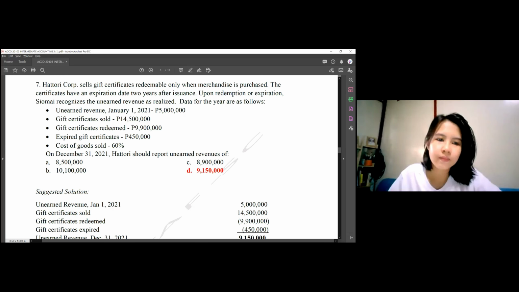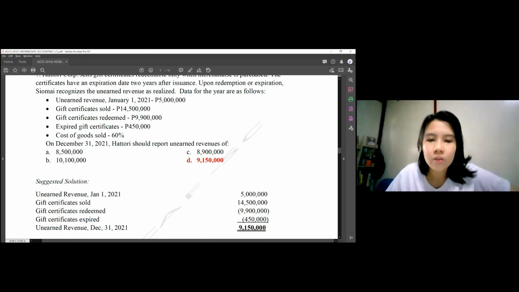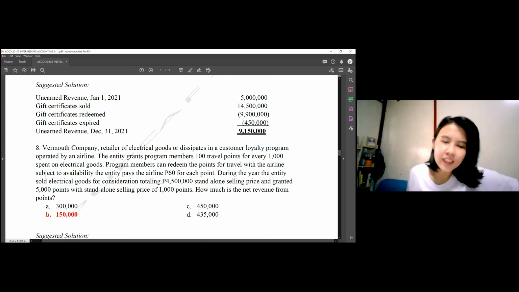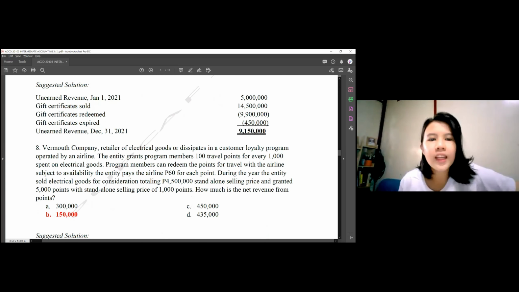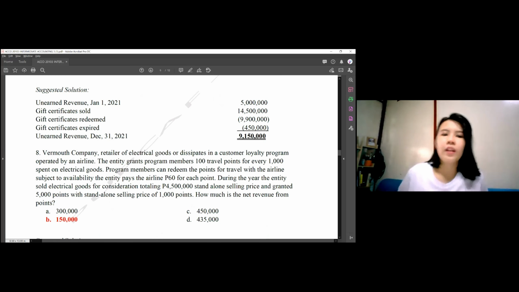Okay. So, number 8. Vermouth Company, retailer of electrical goods, participates in a customer loyalty program operated by an airline. Parang na-example ko ito kanina. So, ang entity na yun ay nag-grant sa program members nila ng 100 travel points for every 1,000 spent on electrical goods. Okay, noted.